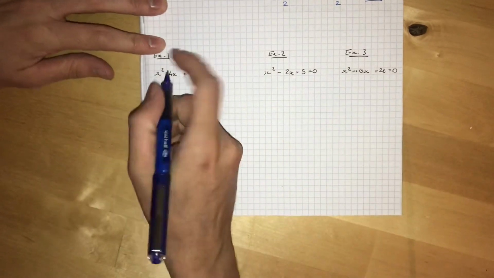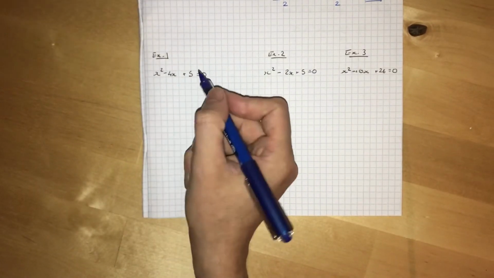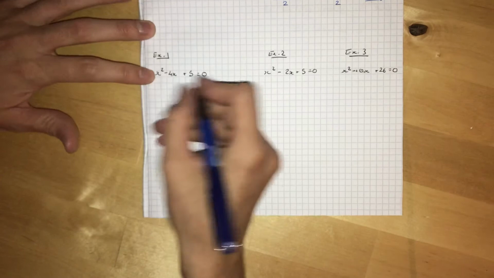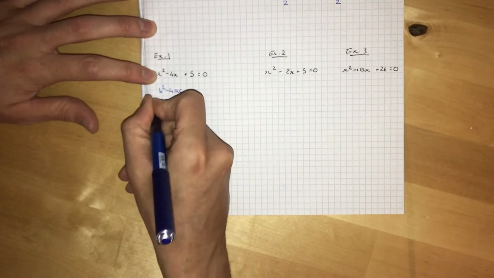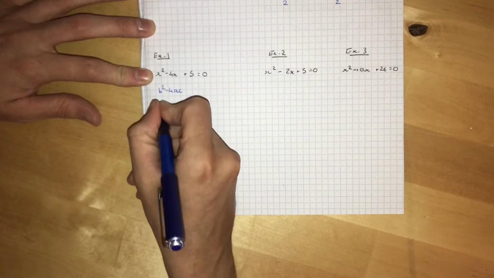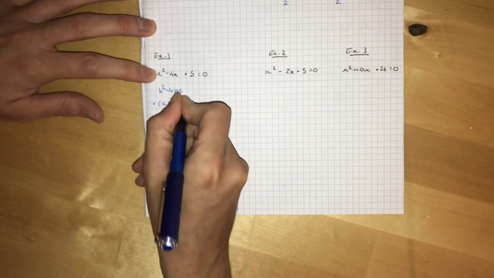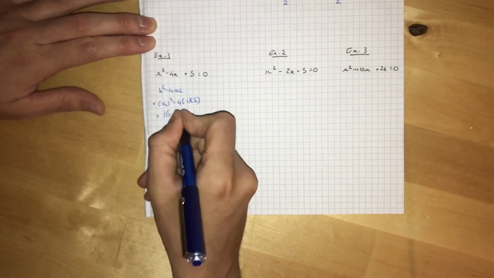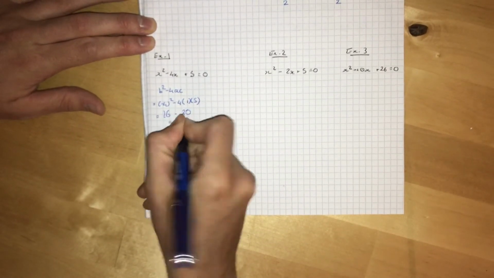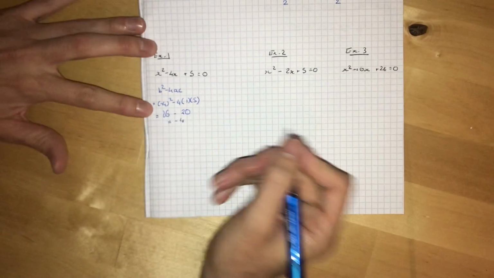So again, we've got x squared minus 4x plus 5. So why don't we just find the discriminant, see if we need to use it. So we get negative 4 squared minus 4 times 1 times 5 equals 16 minus 20 equals negative 4. So we are going to need to have complex roots.